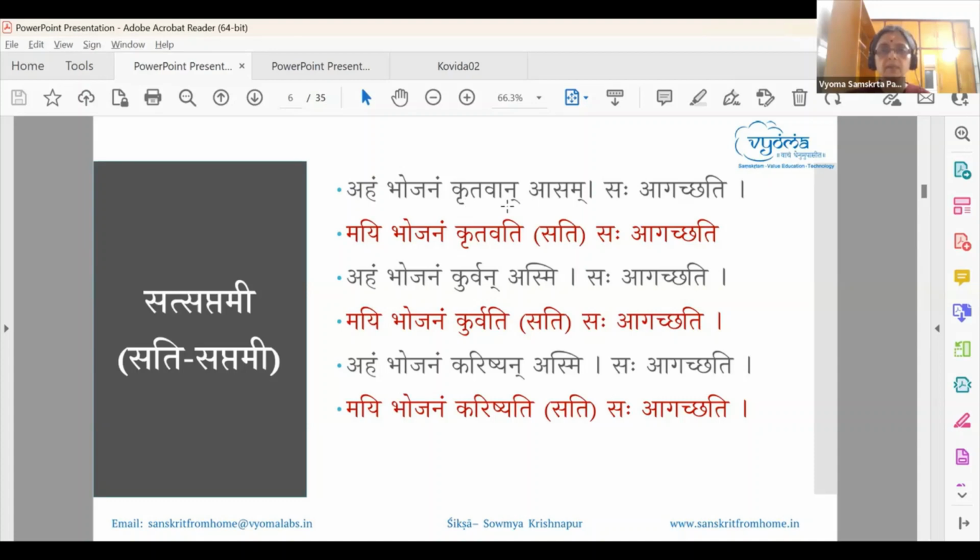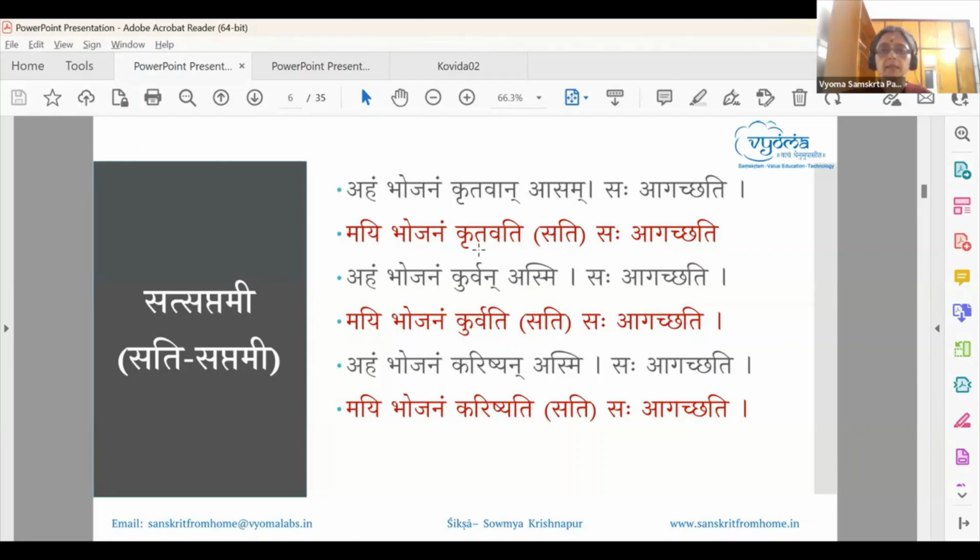So this kritavan is a takaranta padam, as we have learned. It is kritavat shabda, which in Pullinga becomes kritavan. The saptami of that is kritavati. So aham has become mai. Bhojanam, which is the Dvitiya Vibhakti word, has remained Bhojanam.